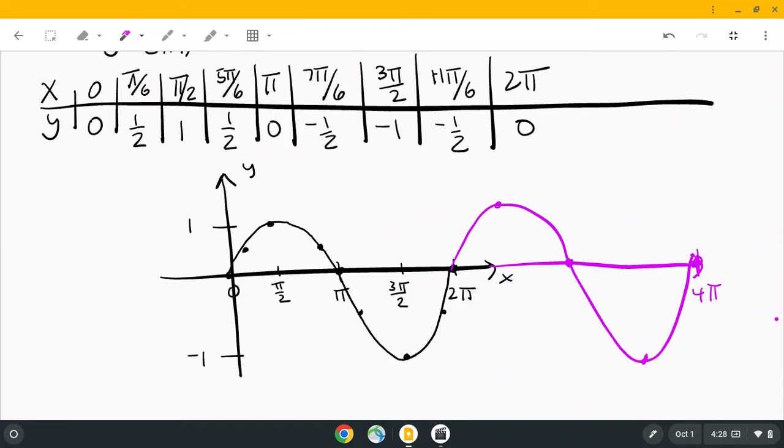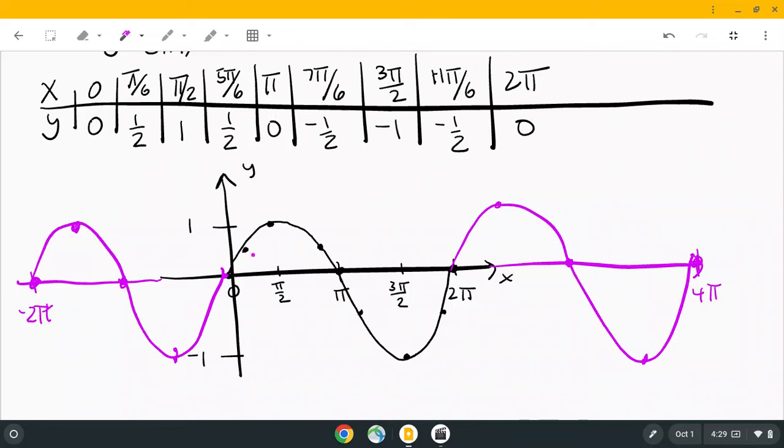If I decide to go to negative 2 pi, right? Then I would get the exact same sine wave. So I would get 0 there, 0 there. It's already 0 there. Halfway between 1, halfway between negative 1, right? I would get this same graph.